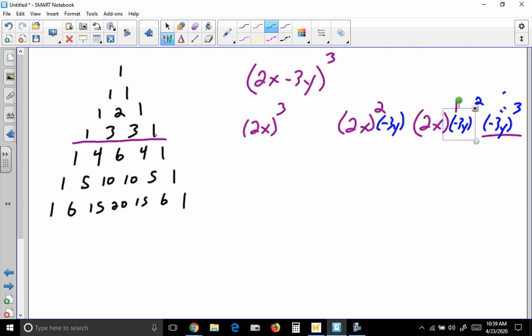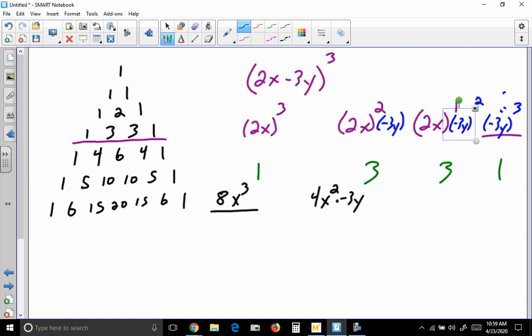And then this tells us how many of each of those different terms we will have. We'll have 1 of those, 3 of those, 3 of those, and 1 of those. So that first term is 2 cubed, so 8x cubed. This term is 2 squared, 4x squared times negative 3y.